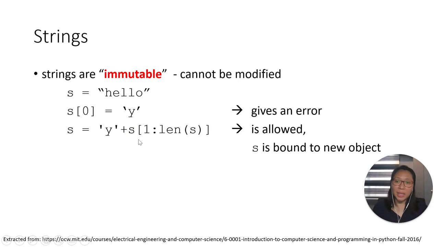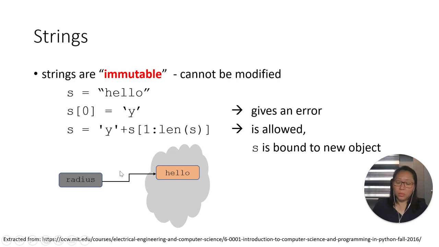So we concatenate these two. We concatenate y with ELLO and then bind it to the variable s, or assign it to the variable s. Therefore, this is a new object which is bound to s.